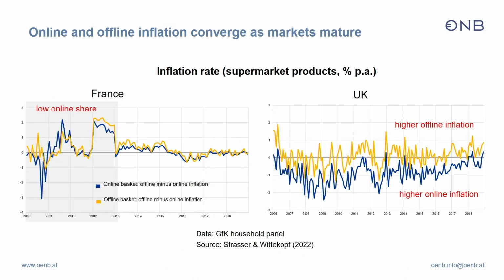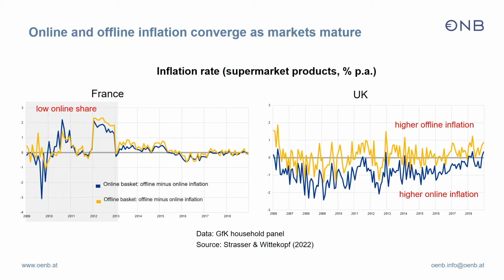This is comparing online and offline prices, and basically also from this data set for France and UK, where you have information about online and offline purchases. We don't have it for Austria. And basically what this picture tells you is that there is no real difference.